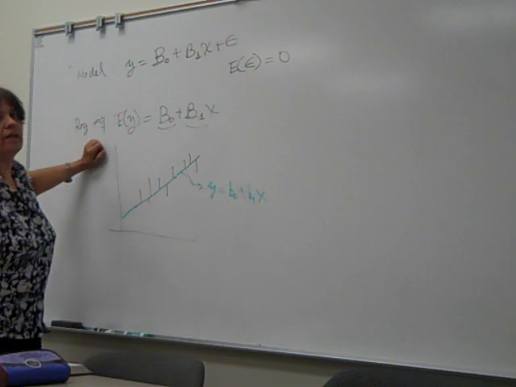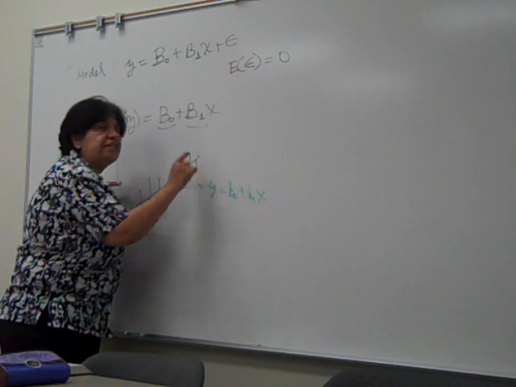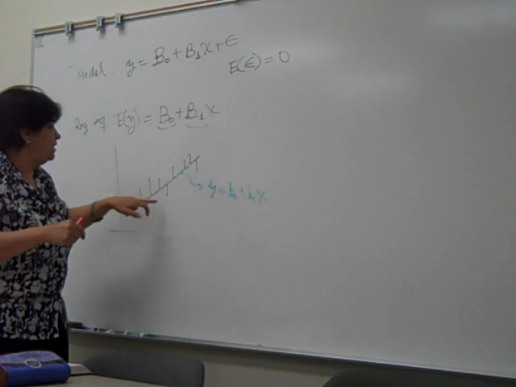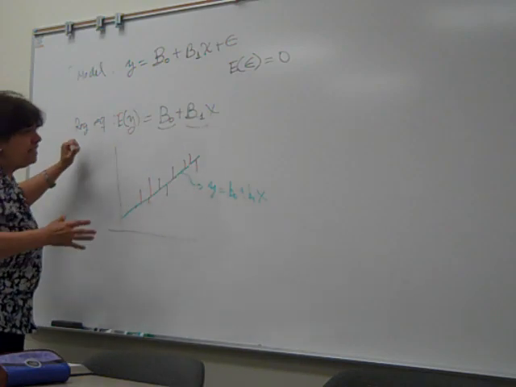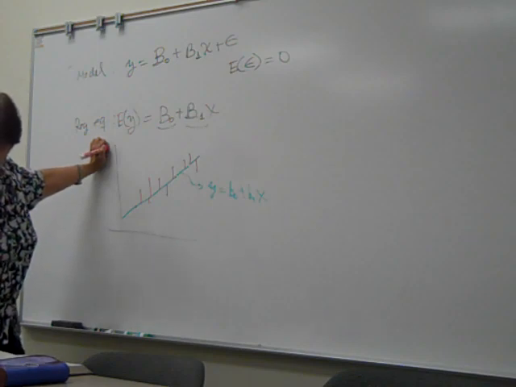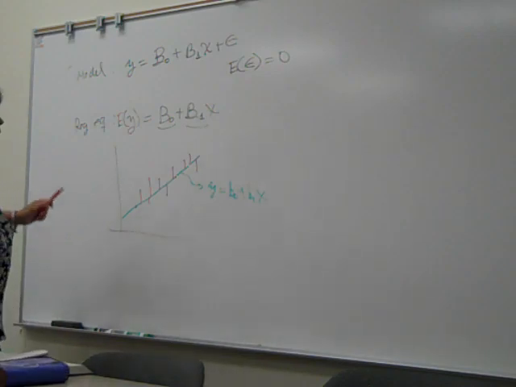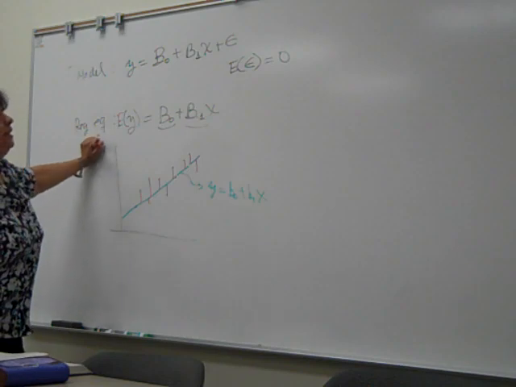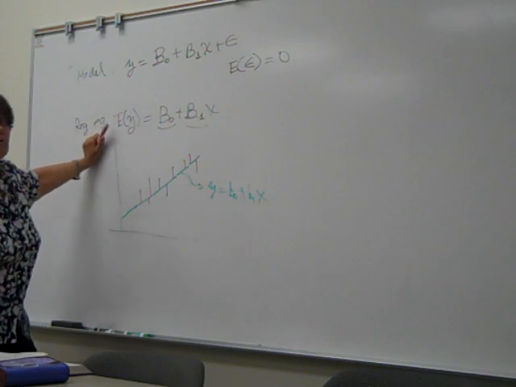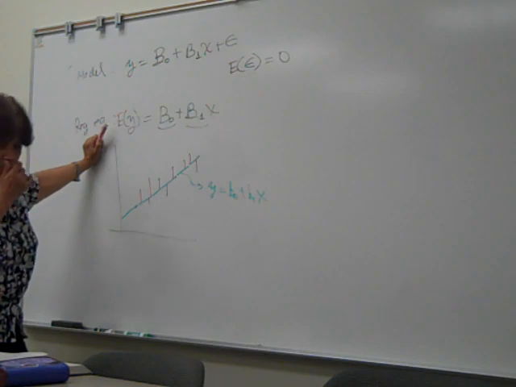It is called least squares because this is a positive distance, this is a negative distance, so we need to square them in order to eliminate these negative numbers. And that's basically what regression equation estimation is. The formulas are in your book, so I'm not going to go into those formulas. And indeed, the regression equation is given to you by Excel, so you don't have to get into the formula.